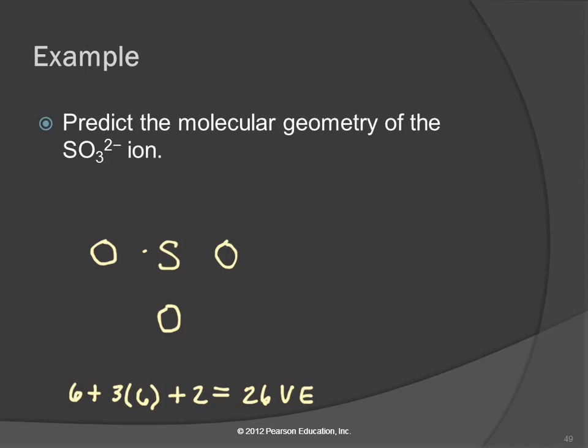So we're going to start with a single bond between each of these. Never start with double bonds. Start with single bonds. So I've got 2, 4, 6 from the single bonds. So 2, 4, 6, 8, 10, 12, 14, 16, 18, 20, 22, 24, 26.